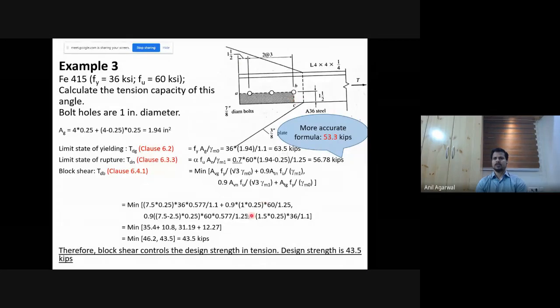So I have to take 1 minus 0.25, to account for this reduction in the length. Likewise, you do this number and you get 43.5 kips in the block shear failure. So between the three of them, 63, 56, 43, we get 43 kips as the design strength of this angle.